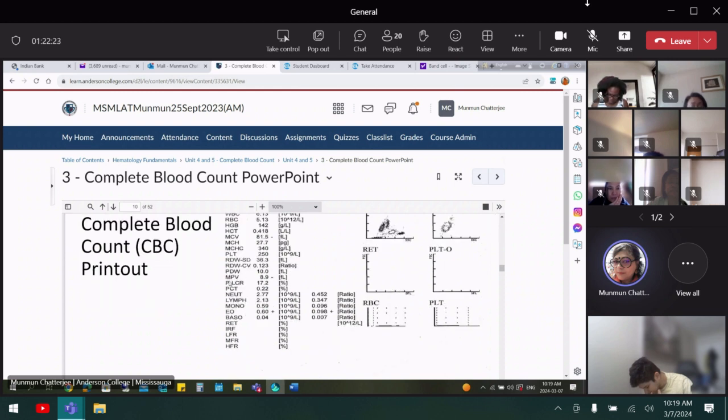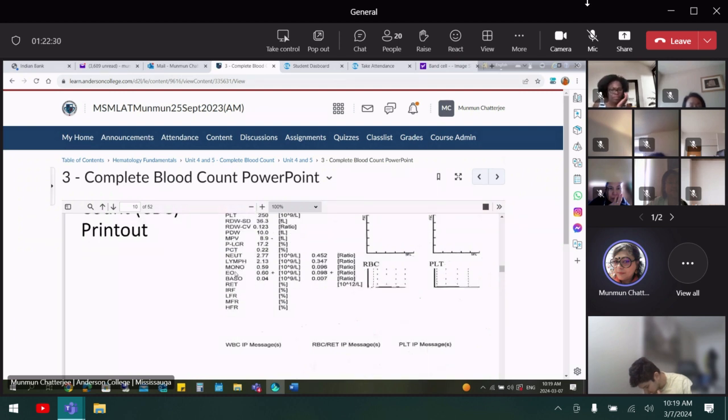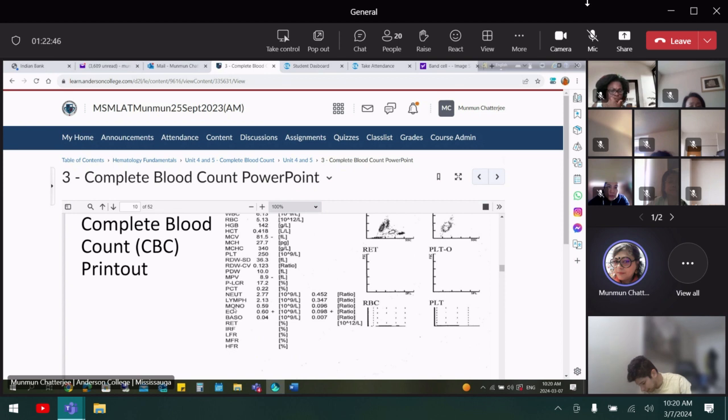Platelet width, MPV is mean platelet volume. These are all things. This is the monocyte, basophil, reticulocyte, and everything. So they can count all of them. But mainly you need to know WBC, RBC, hemoglobin, hematocrit, MCV, MCH, MCHC, platelet, and the differential of the WBCs, like the monocyte and everything.